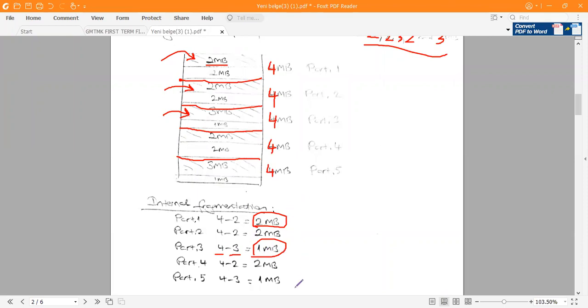So you can calculate the internal fragmentation like that. You have to write them separately, not add them, because internal fragmentation is the fragmentation of each partition.